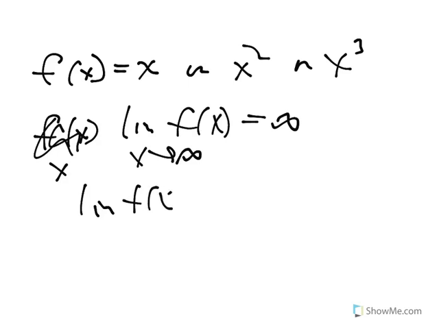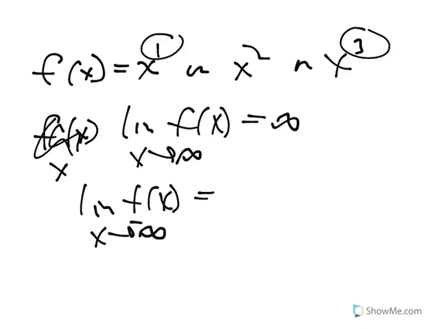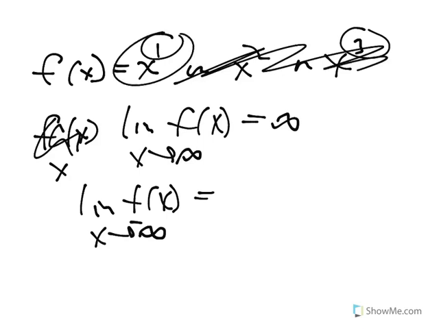And the limit of f of x as x goes to negative infinity is going to depend on whether our exponent is odd or even. So let's just stick with x to the first. Because that one's an odd exponent, it's going to be negative infinity. But if this was an even power, it would be positive infinity, because negative to an even power is positive.